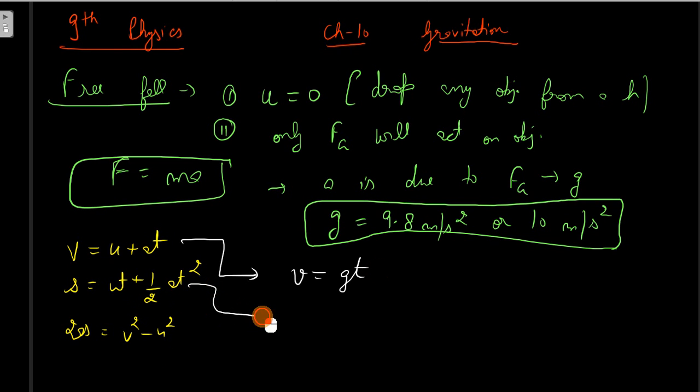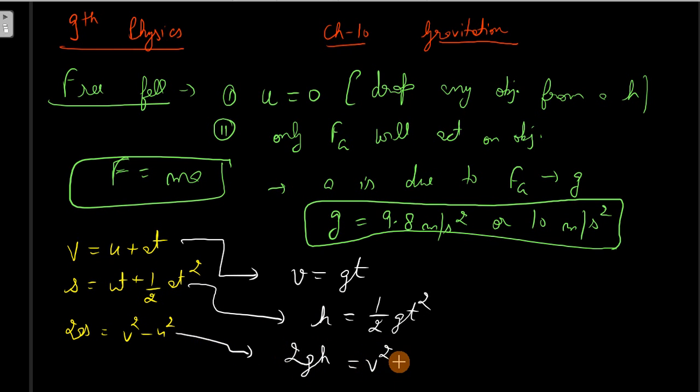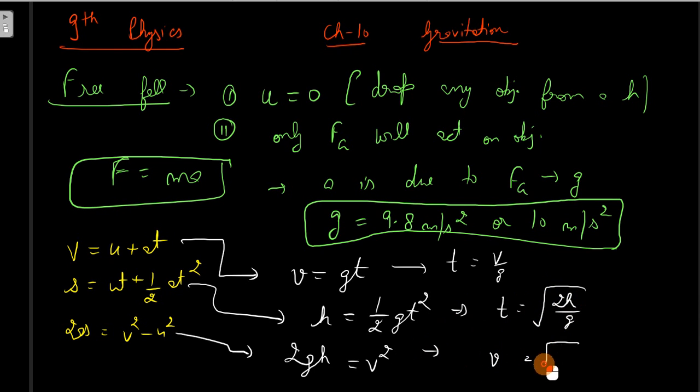The second equation becomes h is equal to half gt square because u is 0, so ut will also be 0, and the third equation becomes 2gh is equal to v square. These are the three equations for free fall. You can say that time taken will be v by g, or time taken can be under root of 2h by g, and velocity is under root of 2gh. You can also derive these equations.